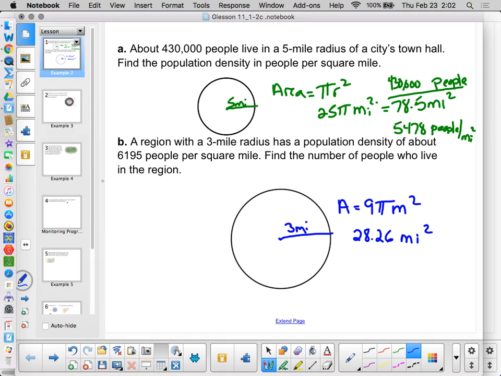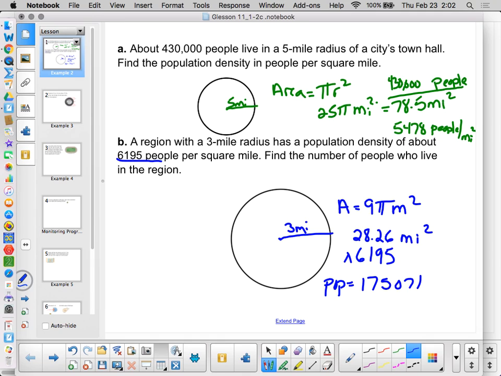And every square mile has 6,195 people. So in this case, they give you the density, they want the total population. So we're just going to multiply this number by 6,195. And we have 175,071 people in that area.